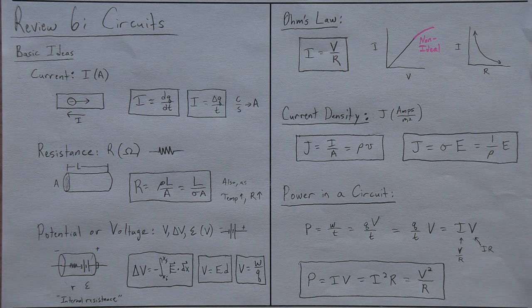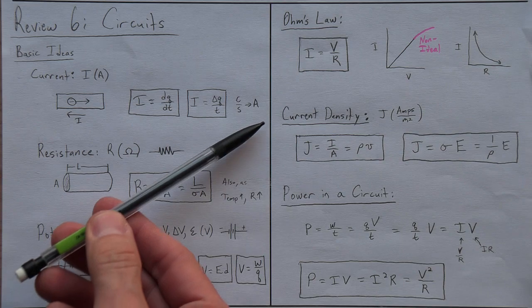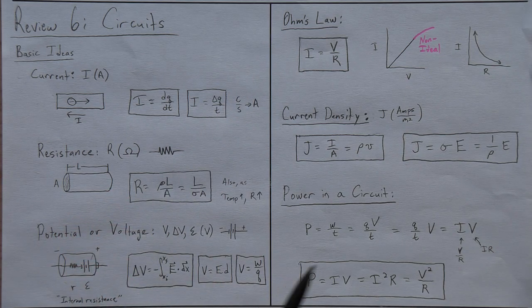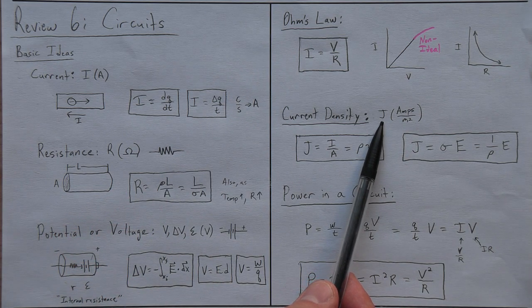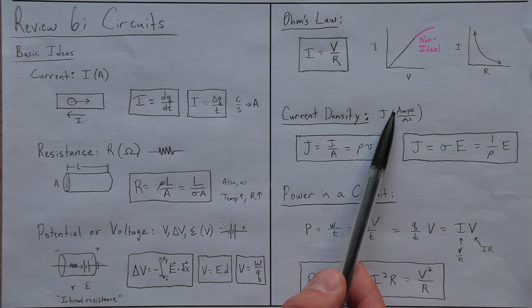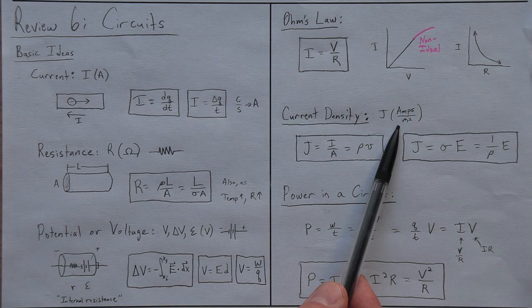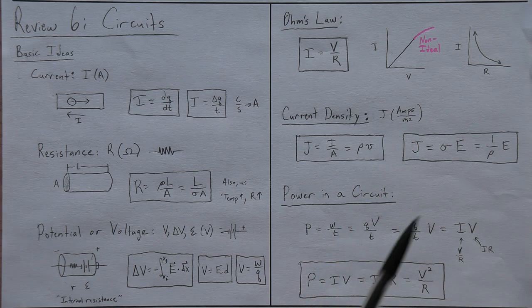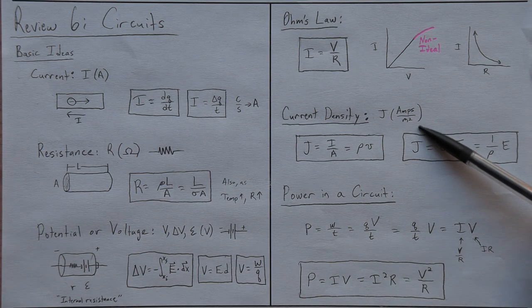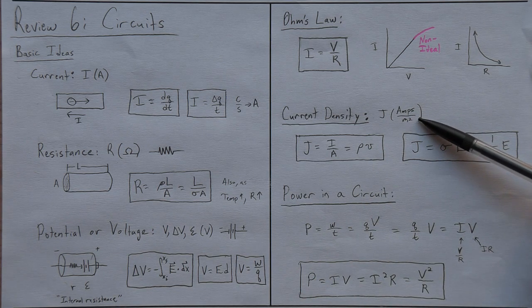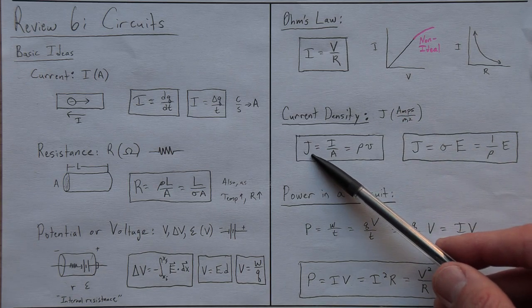Another big idea is current density. Current density, we use the symbol J, and I put amps here, not A over meters squared, because again, the confusion, meters squared is area. The A per meter squared, I'm talking about the current per meter squared. That's the definition.